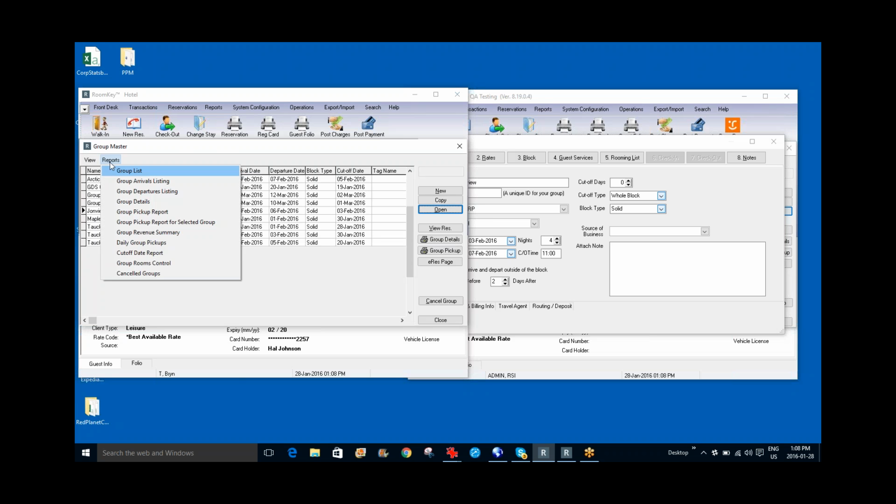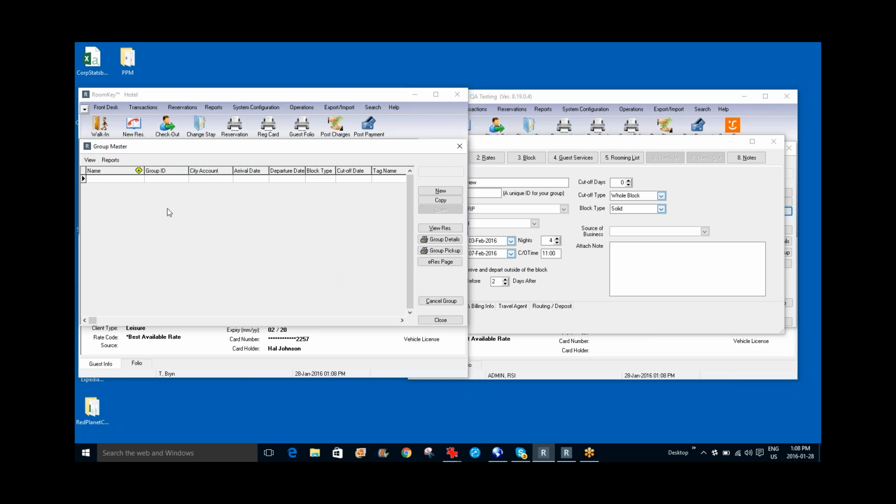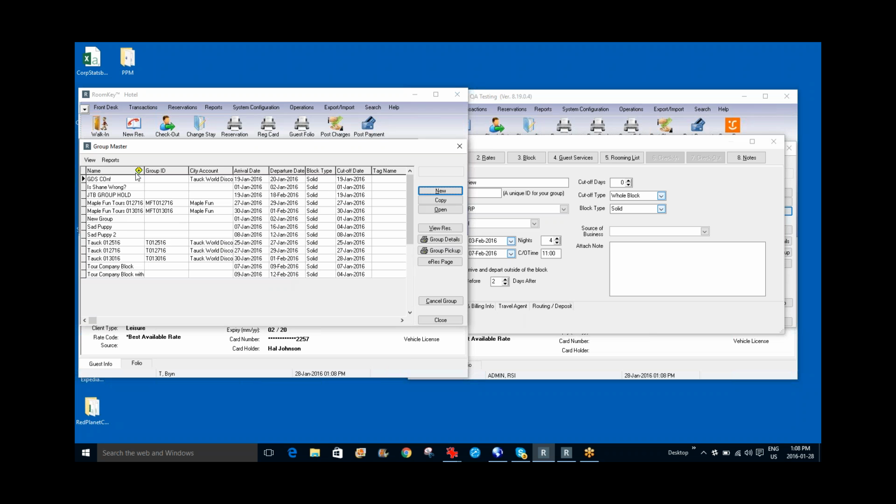You'll have these companies that do their group block hold for the whole season, where they may have, Talk World Discovery would be my example, where they know they're going to get 20 rooms per day, but they don't know the group sizes yet, how many days each group is doing.